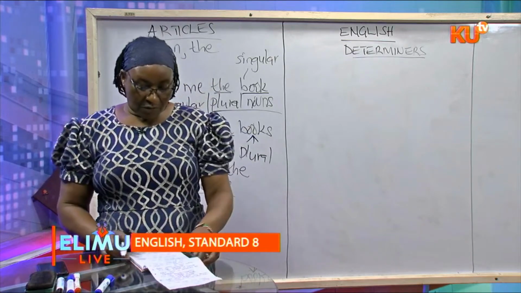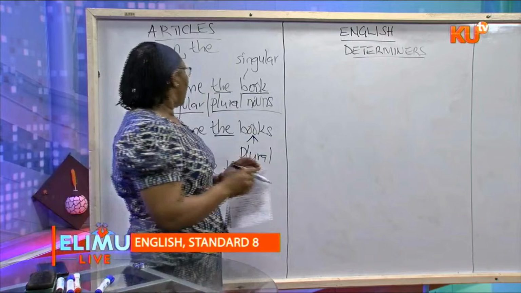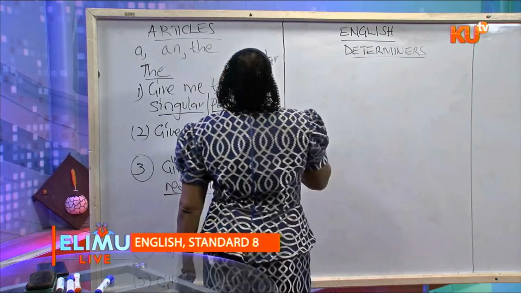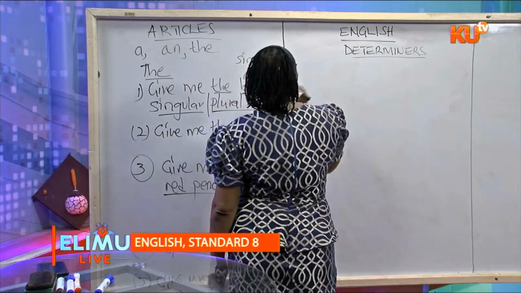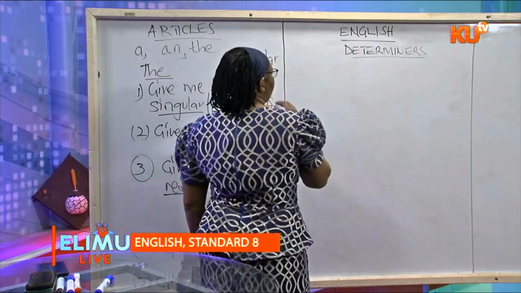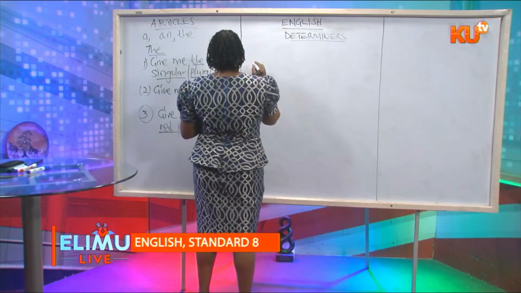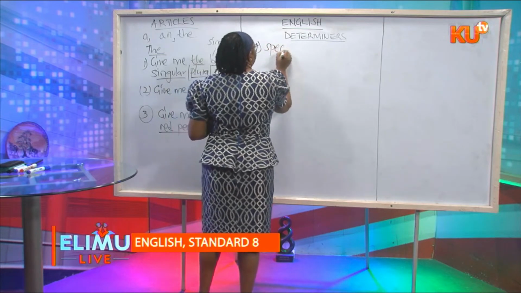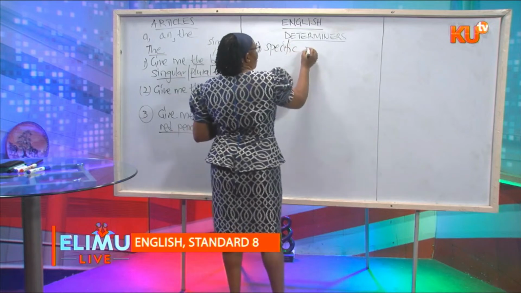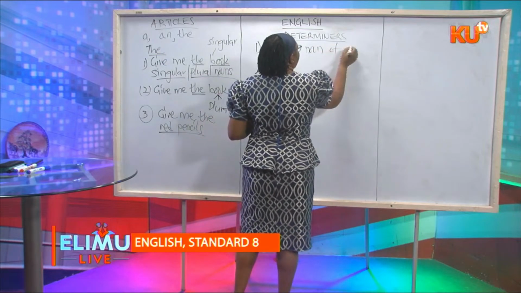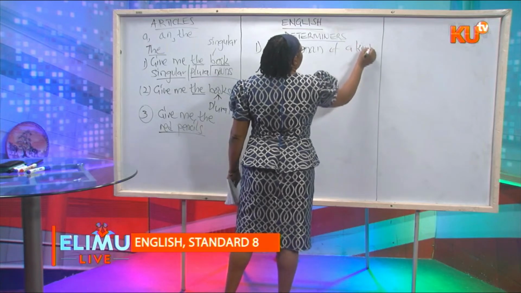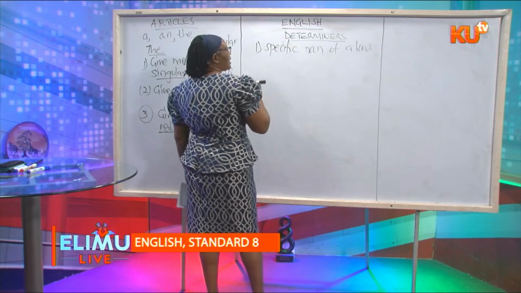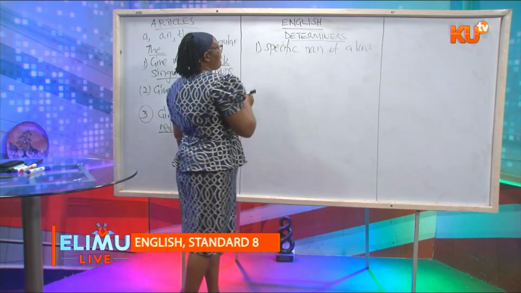Now then we have the other articles. Okay, before we move to the other articles, the article the can also be used with a noun of its own kind. A specific noun of a kind. For example, when I say a specific noun of a kind, I mean it may be the only one in the whole world.